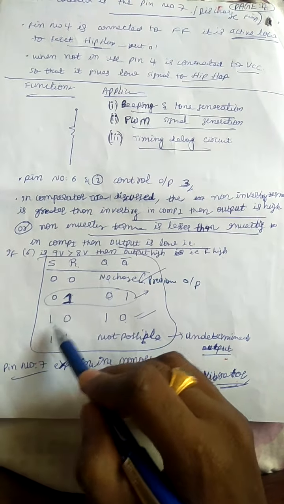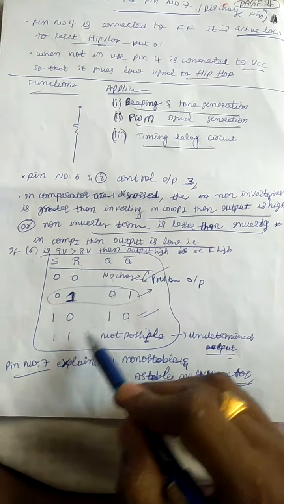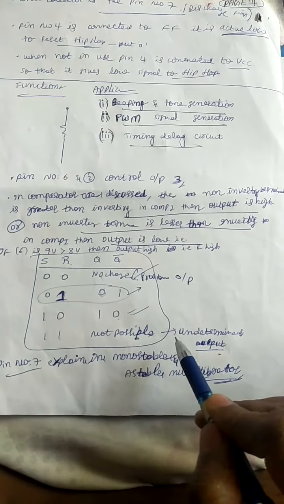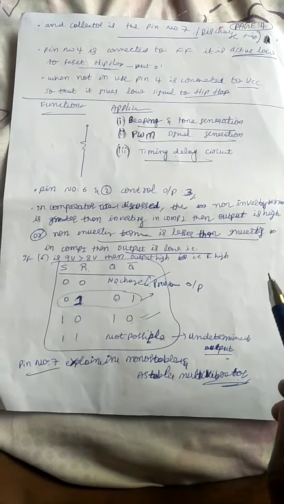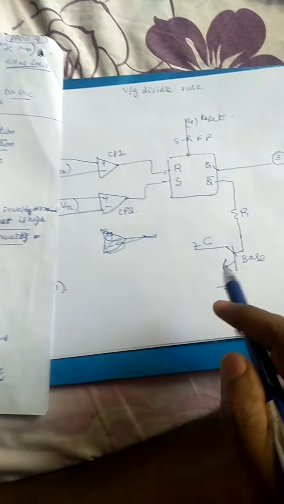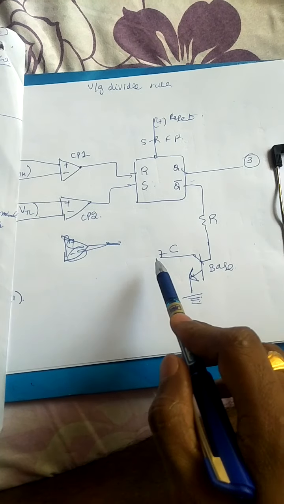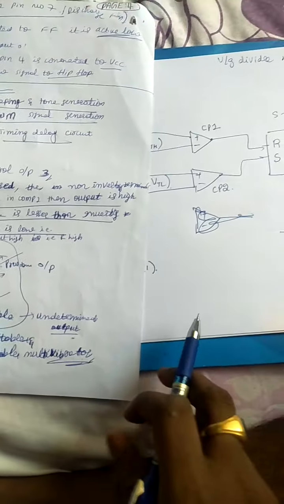If S is 1, it means set, so the Q value will be 1. If both are 1, then the output is undetermined. And this pin number 7 will be explained in detail in the case of the astable multivibrator.